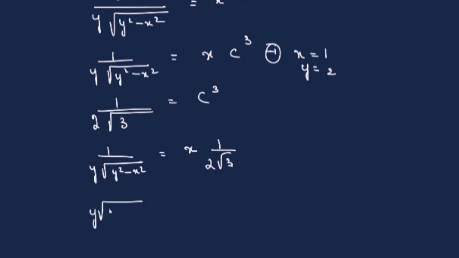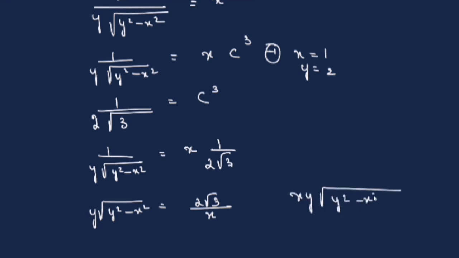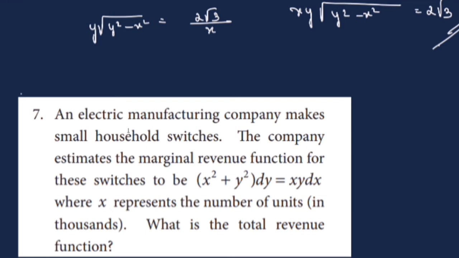Y into root of y square minus x square is 2 root 3 by x. I took the reciprocal. Now you cross multiply. X into y root of y square minus x square is 2 into root 3. So that's the answer.